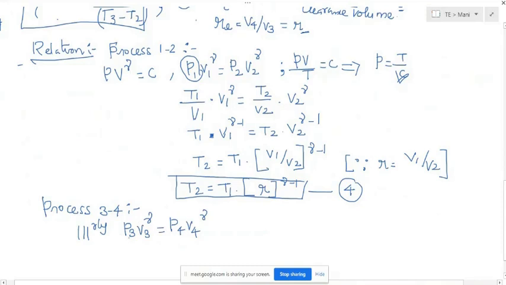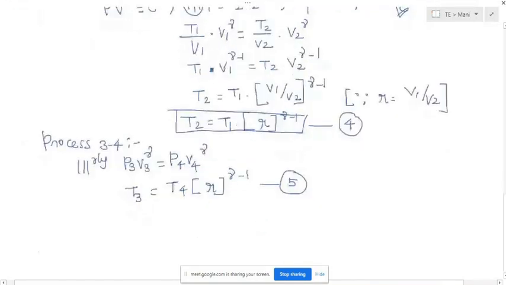And again, instead of P, we can substitute T divided by V. So finally, we can form the equation in terms of temperature as T3 equal to T4 into R power gamma minus 1, which is equation number 5. If you have doubts, please replace the pressure terms, and finally we get T3 equal to T4 into R power gamma minus 1.